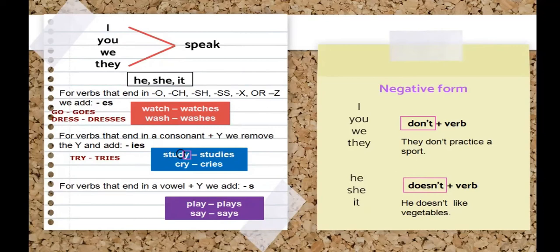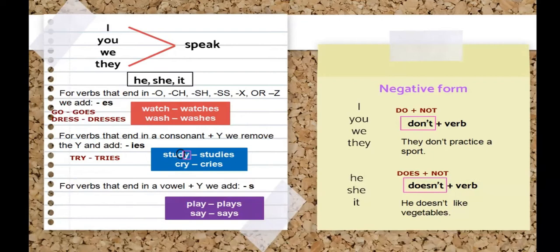If you remember, don't is the same as do plus not. Do plus not makes the word don't. And does plus not makes the word doesn't. Okay? And the verb. Now here, when we have the negative form, we don't add the letter S to the verb. That is very important for you to remember, okay? It's not doesn't likes. It's just doesn't like.